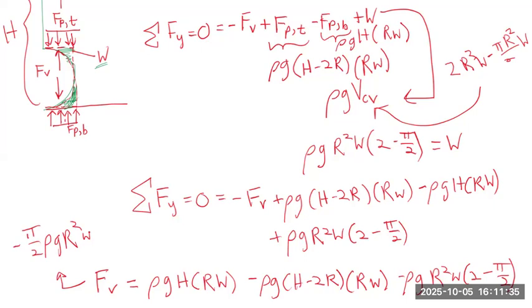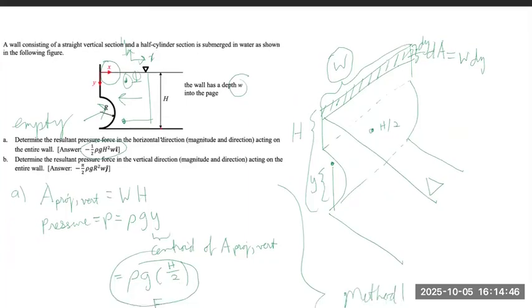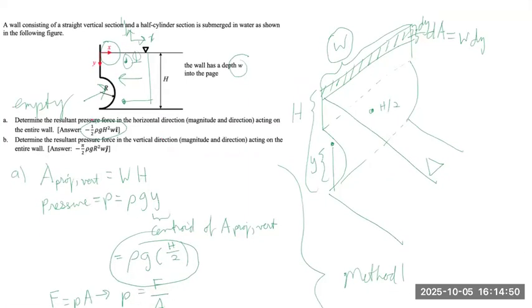Thus, the force acting on the cylindrical section acts upwards with a magnitude of pi over 2 rho g R squared W. Yes, so the force on the cylindrical section acts upwards with a magnitude of pi over 2 rho g R squared W. And I guess here the negative sign means it acts upwards since the downwards position was defined to be positive.